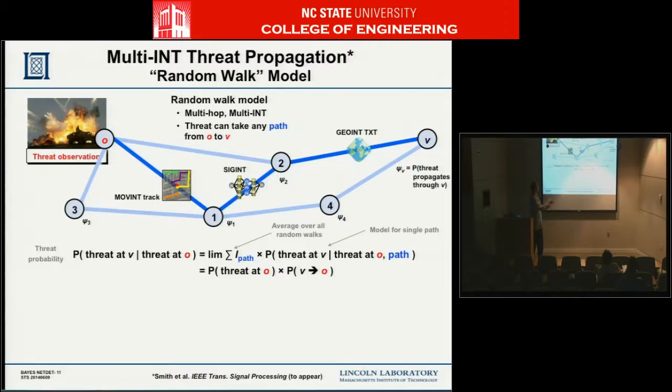For each path, you compute this probability, and then since no one is necessarily any more special than any other, you just compute an average over all possible paths on the graph, which is this infinite sum. If you do this infinite sum and take the limit, that basically gives you that the probability that there's a threat at the vertex you care about is equal to the probability that there's a threat at your observation, multiplied by the probability that you've got this path from your vertex to your observation.